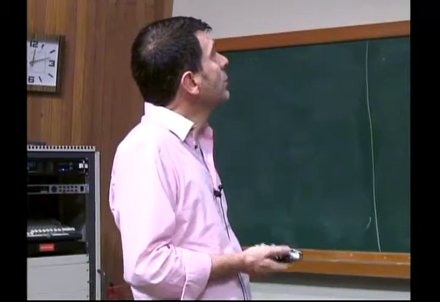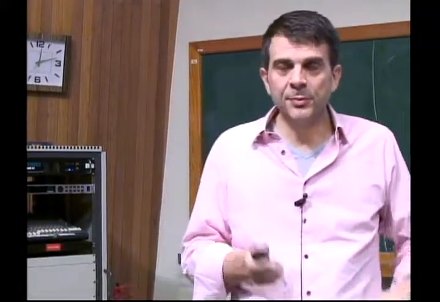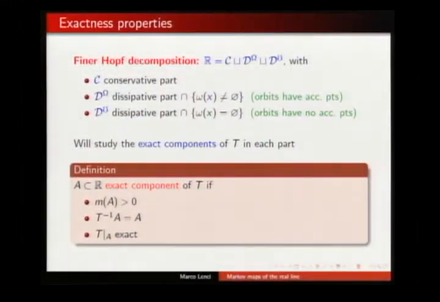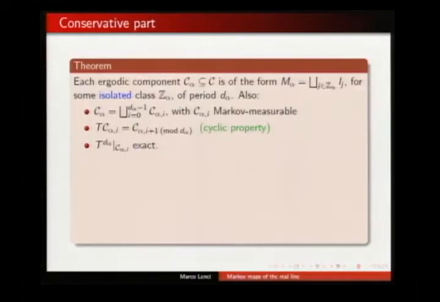Anyway, we want to study the exact components of this map in the first part of the talk. What is an exact component in this definition? It's a positive measure set which is invariant and such that the restriction of the map to this set is exact. Some of these things, or I should say many of these things, are known for maps of the interval into itself, and especially they are known when the number of intervals is finite, because it's easy stuff.